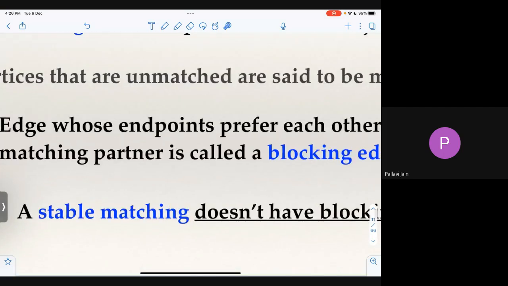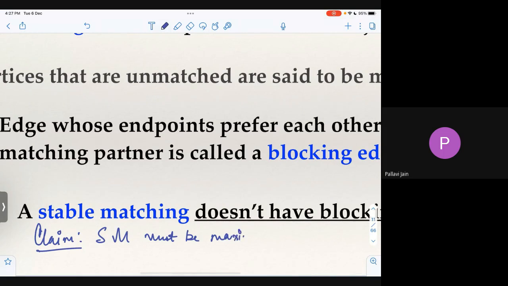Okay, so is it clear that a stable matching must be maximal? Swap? Is that the definition of maximal? Non-maximal rather?